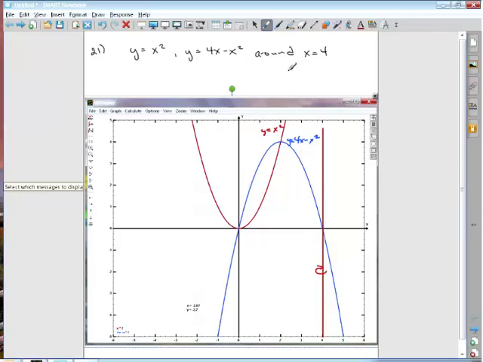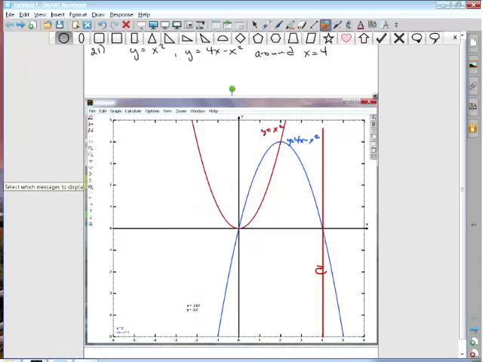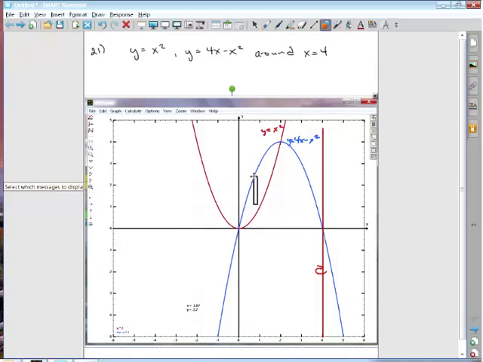And because we're using the shell method, we're going to make our rectangle parallel with the axis of rotation. So this is going to be our rectangle. So when this rotates around this, it'll go out into the screen and back into the screen, away from the screen.